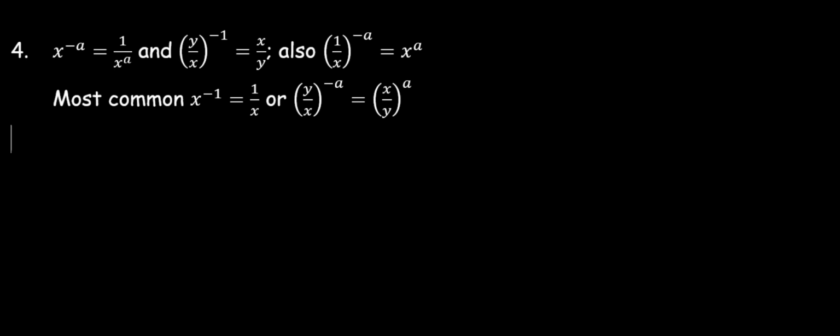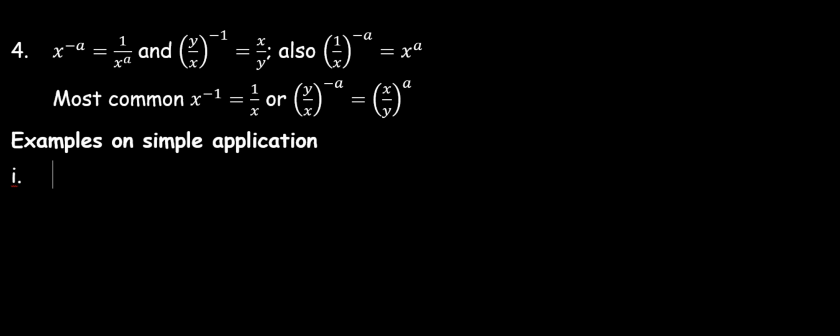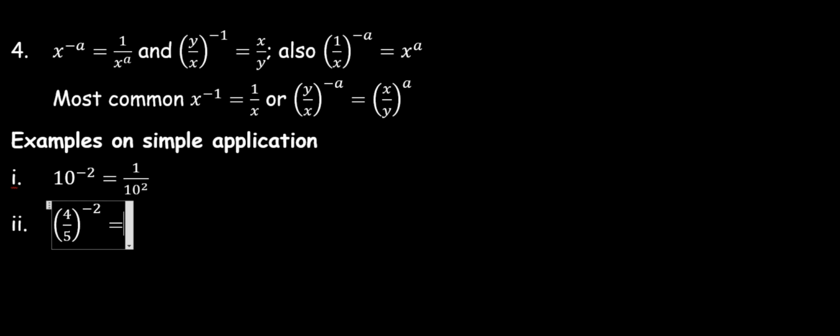Examples on simple application. 10 raised to power minus 2 is equal to 1 over 10 squared. Another example, 2. Bracket open 4 over 5 bracket close raised to power minus 2 is equal to bracket open 5 over 4 bracket close raised to power 2.